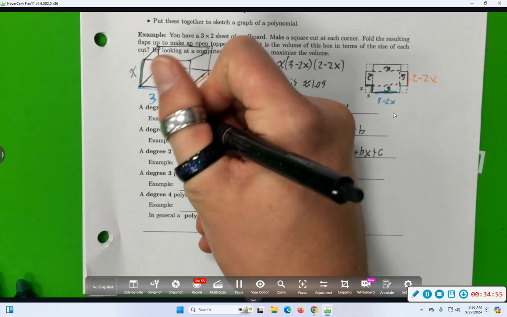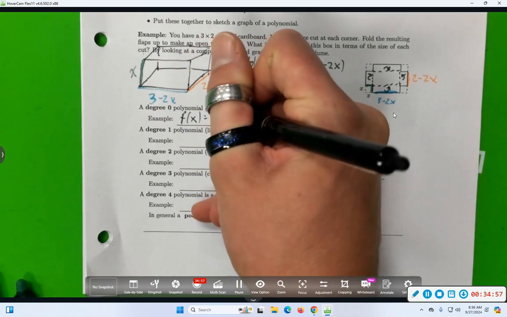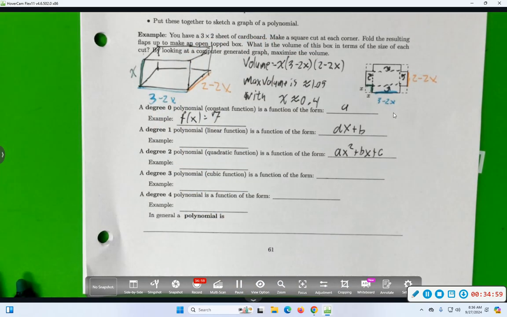So f of x equals 7 is a degree 0 polynomial. Linear things that have some actual slope are degree 1. Quadratic functions with a non-zero coefficient in front of the x squared are degree 2 polynomials. Now let's go the other way.